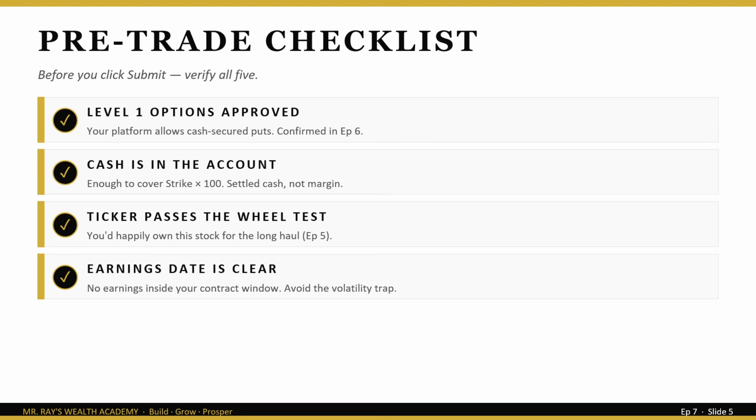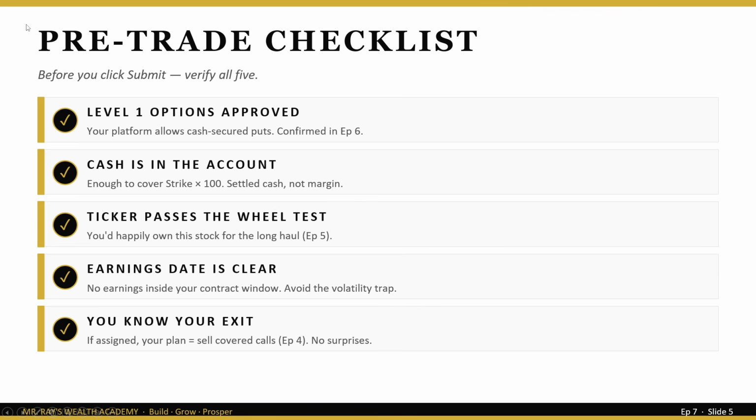That way you make sure you avoid any volatility trap they might have, because sometimes stocks will spike up or spike down right before the earnings, and we don't want to get involved in any of that. And then know what your exit is, baby. If you get assigned, then you're just going to turn around and sell covered calls, baby. There is no losing in this game. All we're going to do is, if we get assigned, we're going to turn around and sell covered calls.